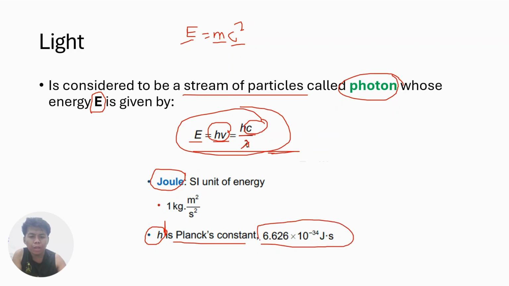Take note of this because we will solve a problem involving this equation in the next video. Take note of the Planck's constant, the speed of light, and that the unit for energy is joule.